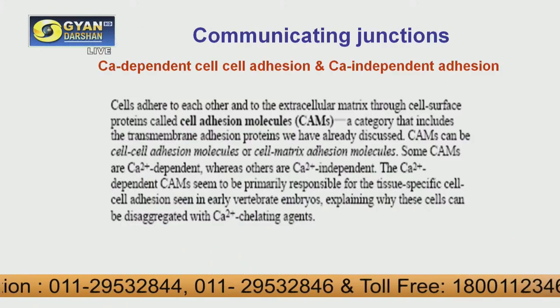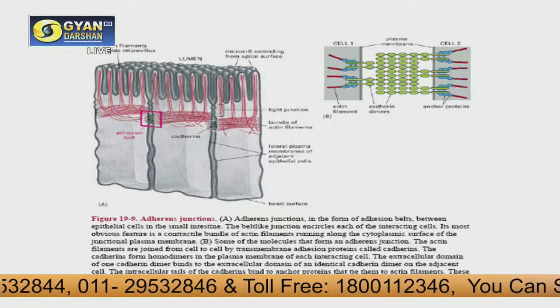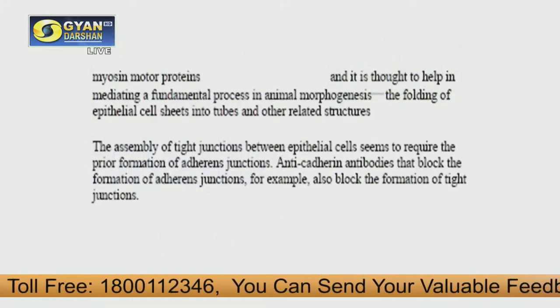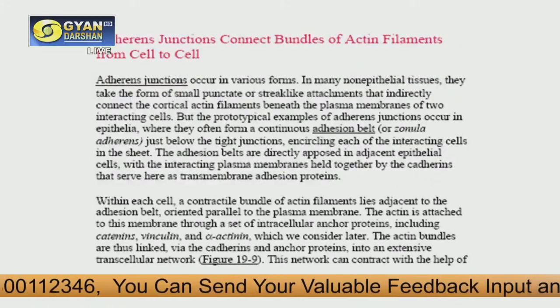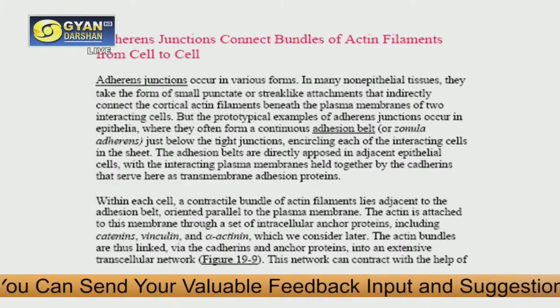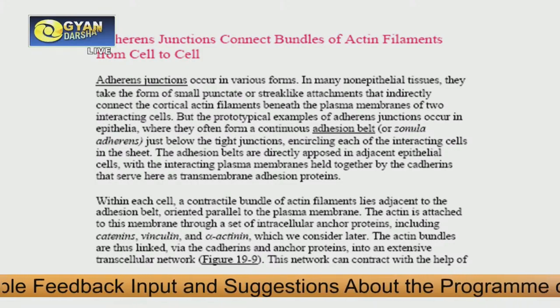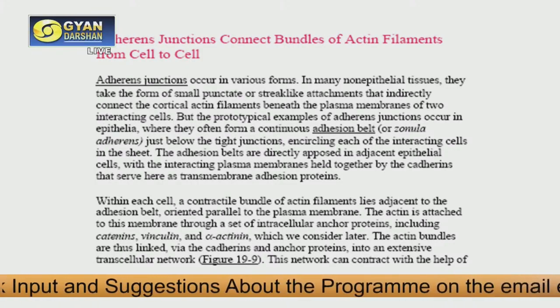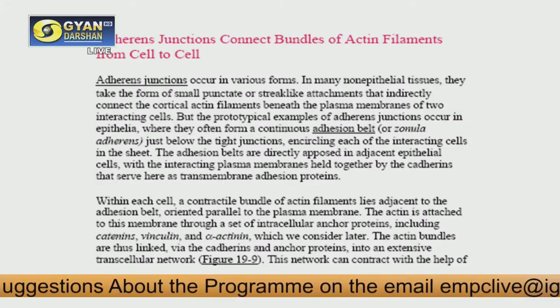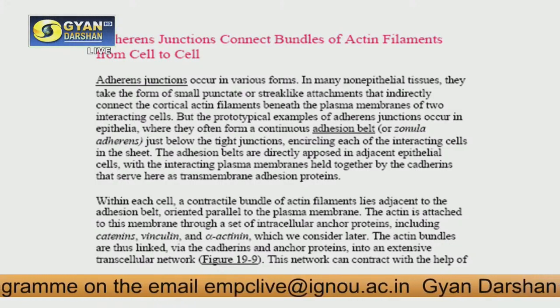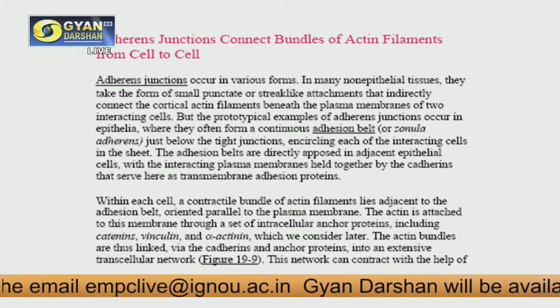And the region where these cadherins are located, we call the adherens junction, which forms a belt-like structure called the adhesion belt. Like we wear a belt, why? To fasten, for better fitting. Similarly, it is also a belt-like structure.